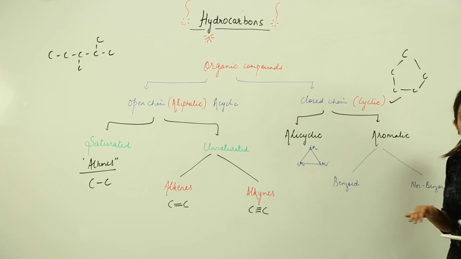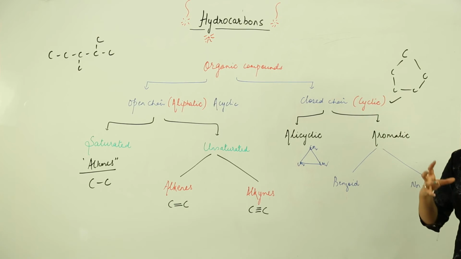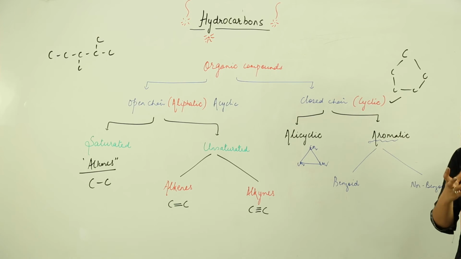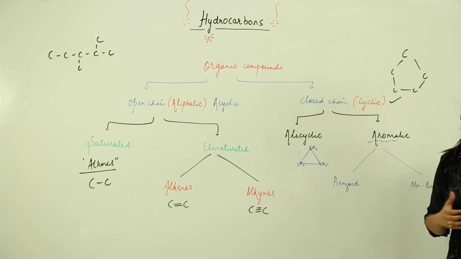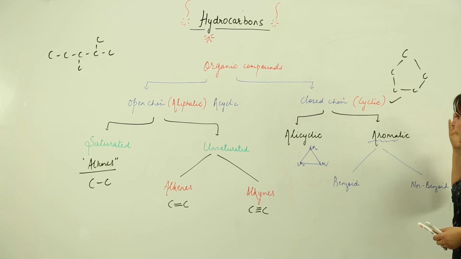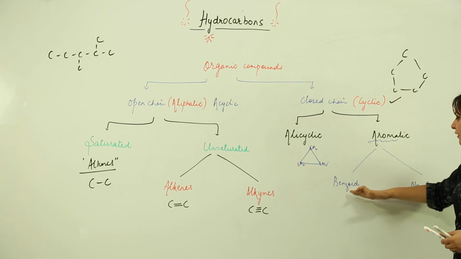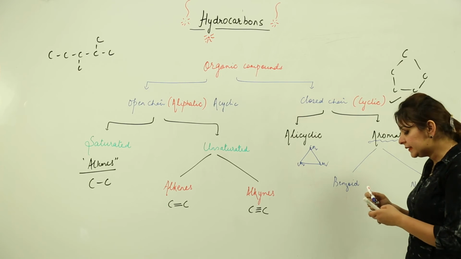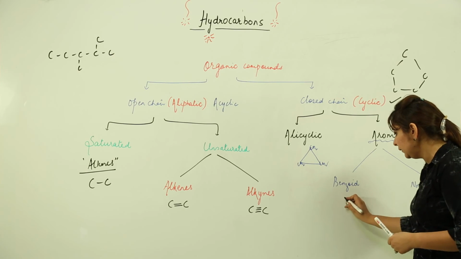And when we talk of aromatic compounds, as the name suggests, they have a typical aroma, that means a typical fragrance. Aromatic compounds again consist of a ring-like structure, and they are further divided into two categories, the benzoid and the non-benzoid. If an aromatic compound contains the benzene ring, now what is the benzene ring?